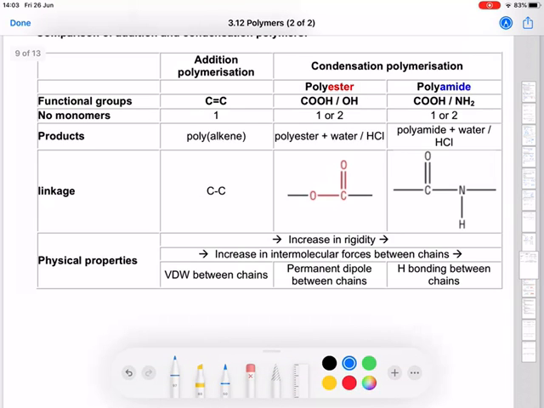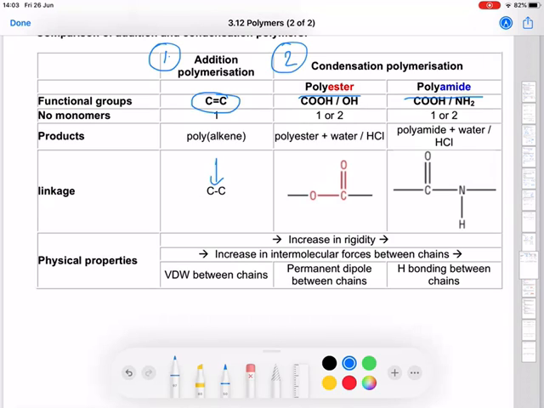Just to do a comparison really of all of these, because there's two types of polymerization now that you have done. Number one is addition polymerization, which is only when you have a carbon-carbon double bond, and the linkage is a carbon-carbon single bond, as that pi bond opens up and joins to another carbon. The second type of polymerization is condensation polymerization, of which there are two types. There's the polyester and the polyamide.